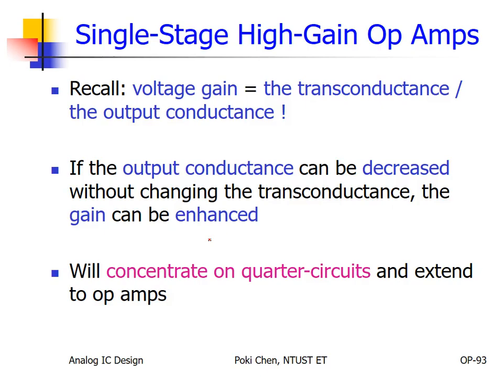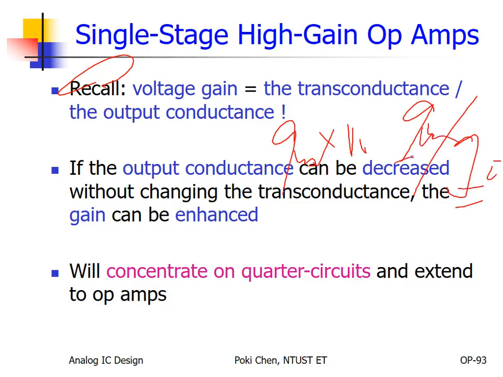All right, for such a single stage high-gain op-amp, some recall: what is voltage gain? Don't forget, that is gm by ro, or gm over go. Okay? Don't forget. This is the most important idea you need to know about amplifiers.